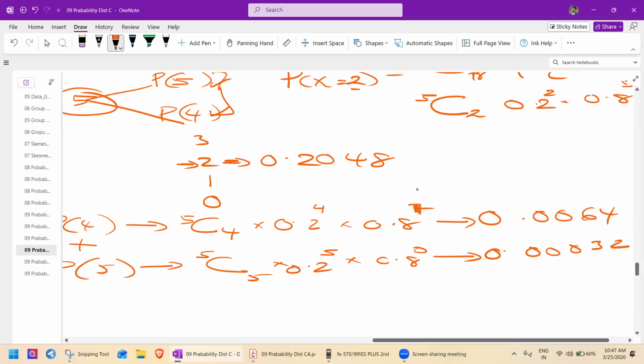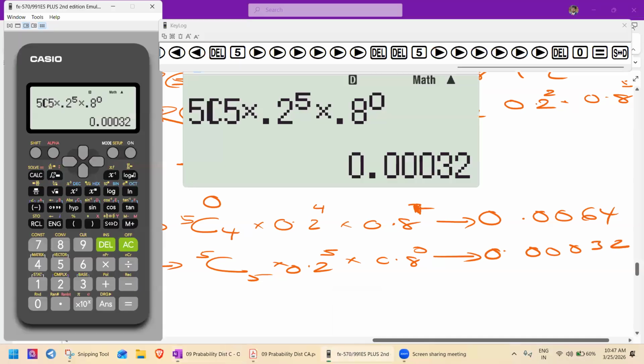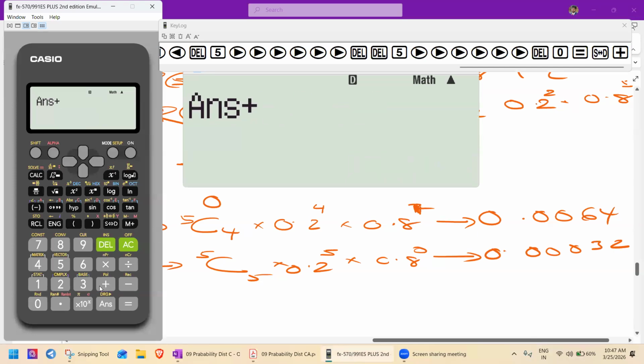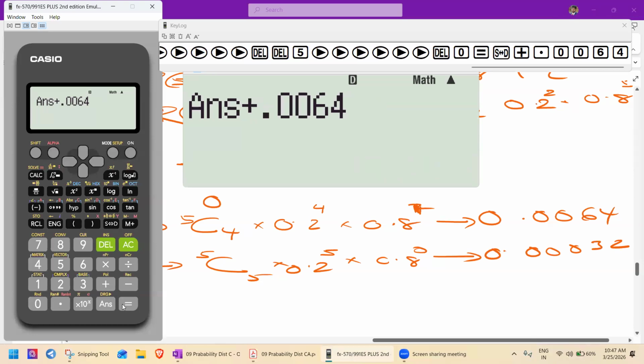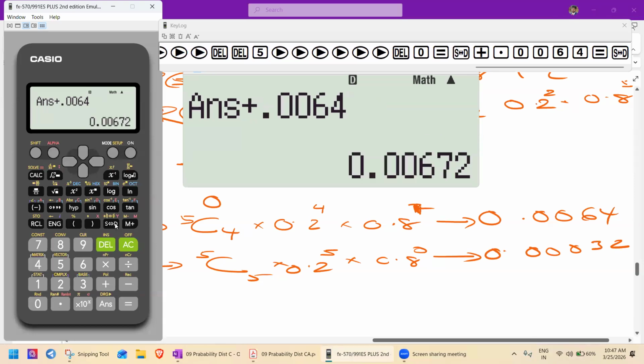So if we add these together, 0.0064 plus 0.00032 equals 0.00672.